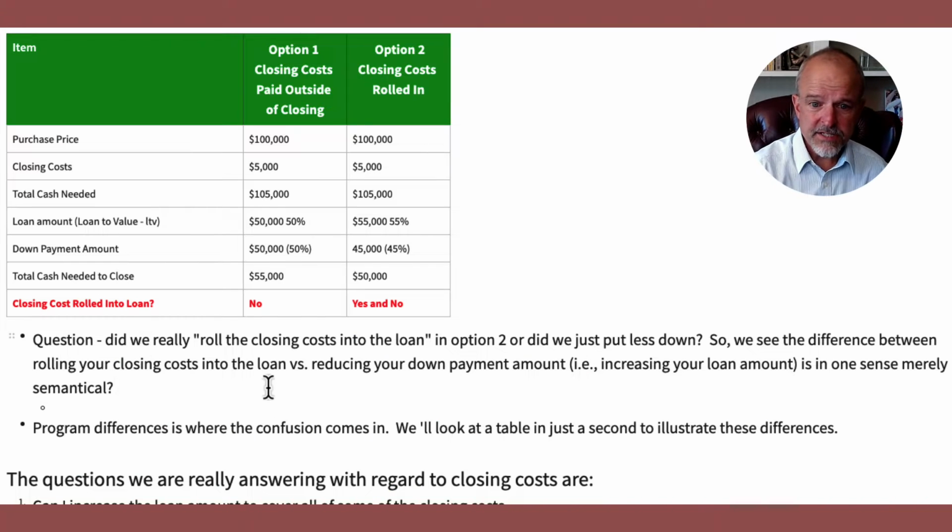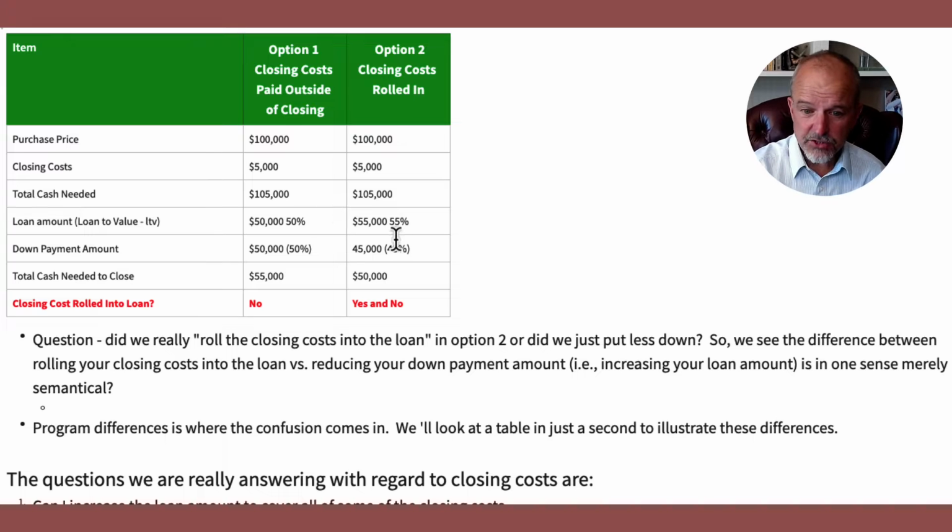It's a simple illustration of the same purchase transaction with two different options of either rolling or not rolling, quote, the closing cost into the loan. In option one, we have a purchase price of $100,000 and $5,000 of closing costs. So the total cash that has to come from somewhere is $105,000.